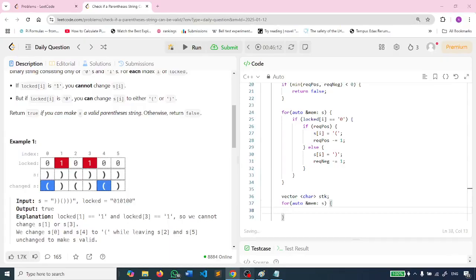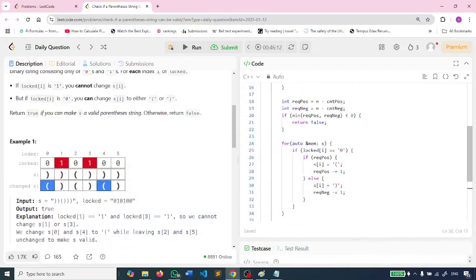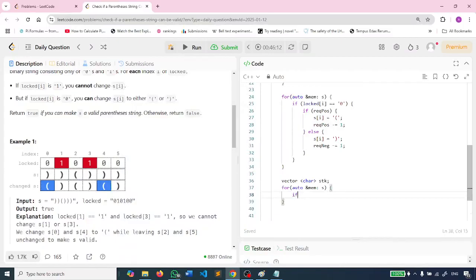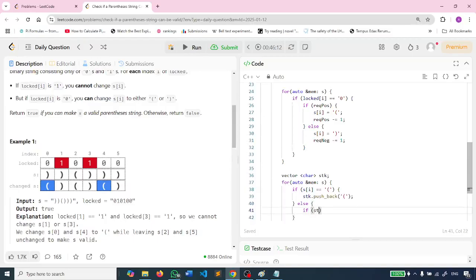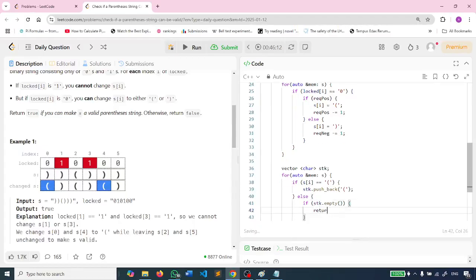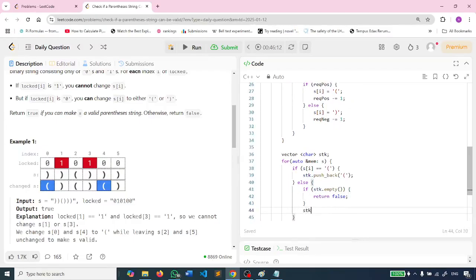What is the time now? It's 45 minutes. Okay, so if s of i equal to this, then stk dot push_back this, else if stk dot empty, simply return false, or just do stk.pop_back and we are done.